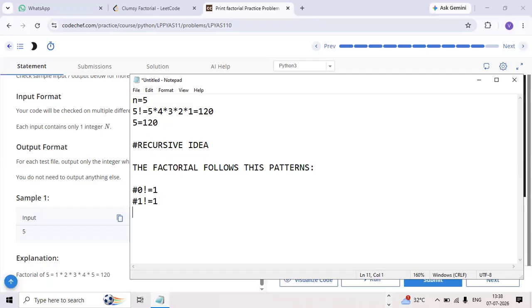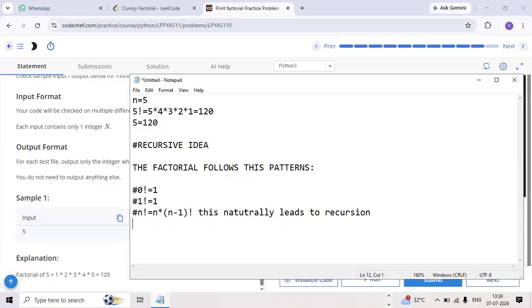And n factorial is n into (n minus 1) factorial. So this naturally leads to recursion.